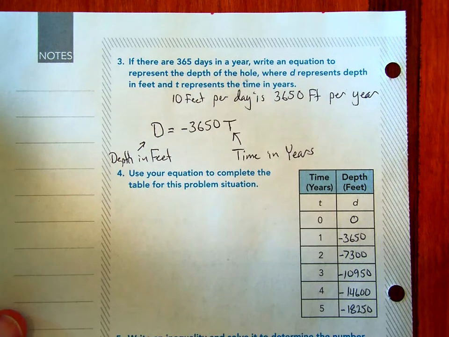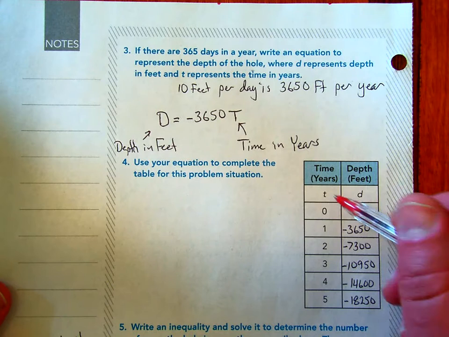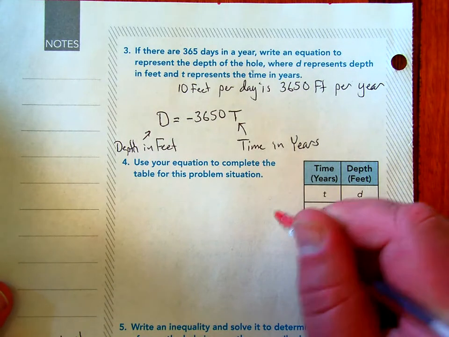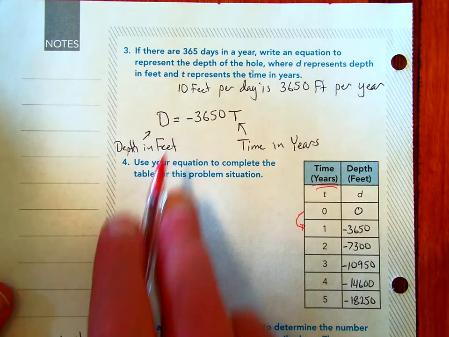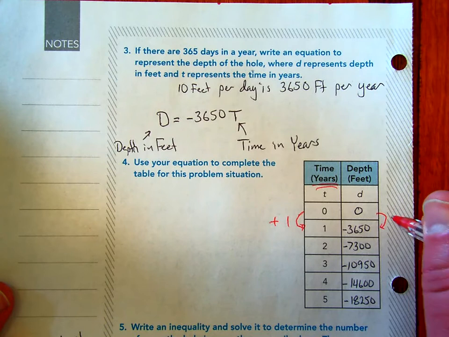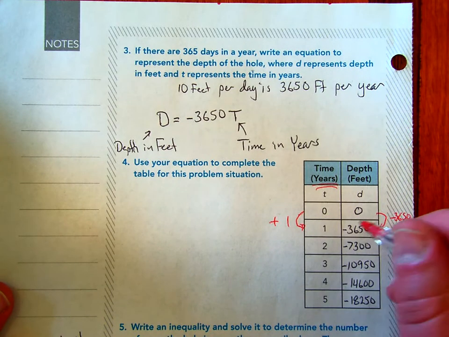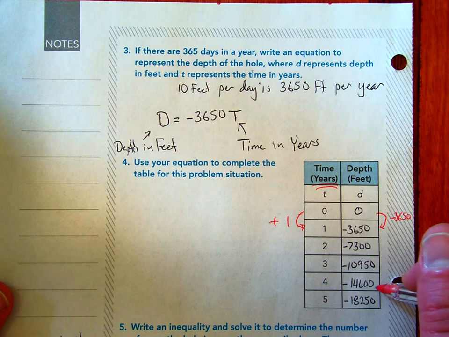Use your equation to complete the table. Again, my time they're doing in years, so I'm using this equation up here. Time is going up by 1, and my depth is going down by 3,650. So 3,650, 7,300, 10,915, 14,600, and negative 18,250 after 5 years.